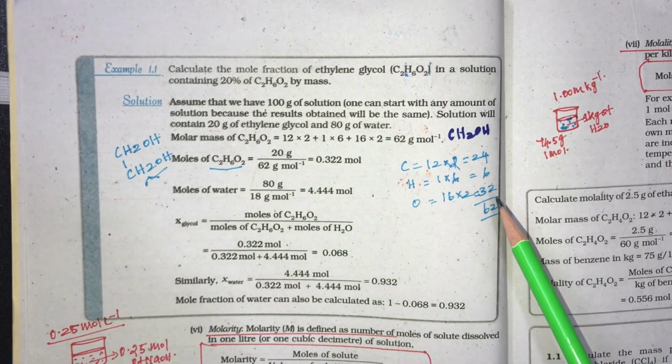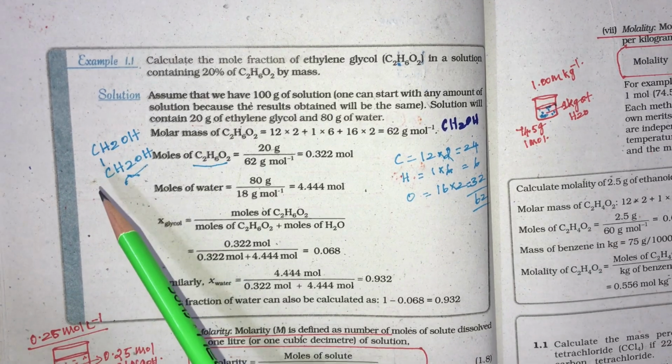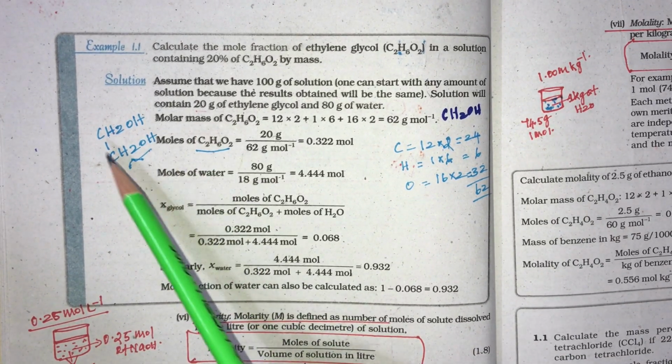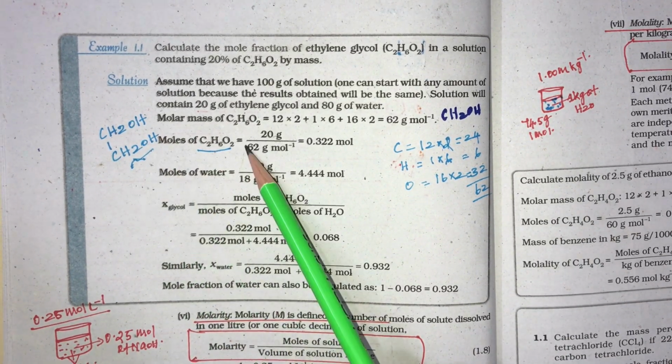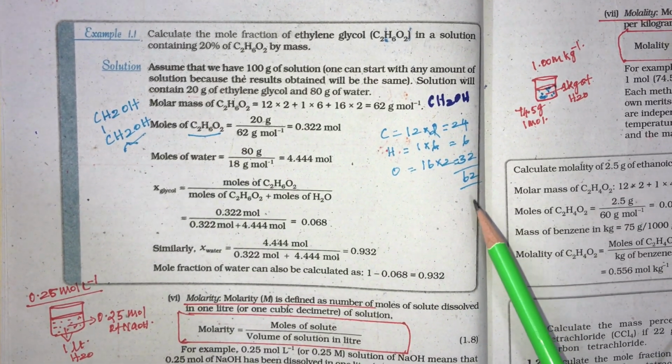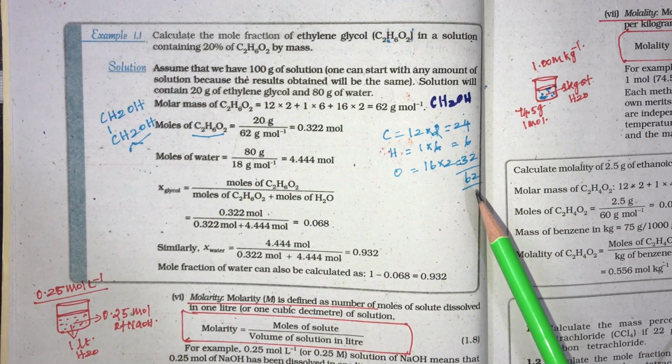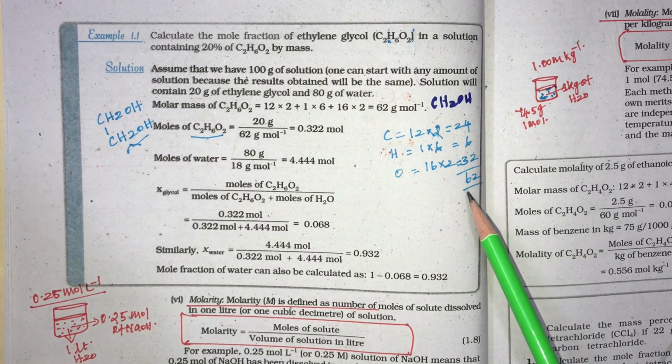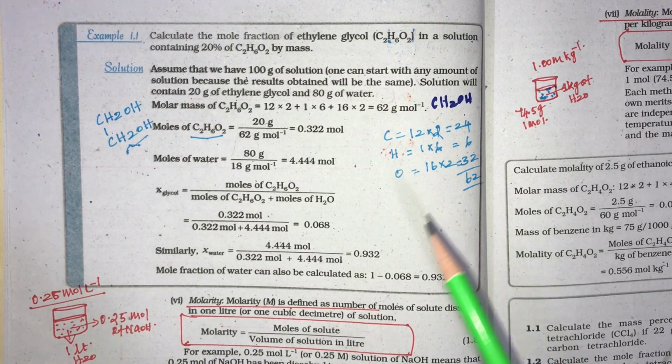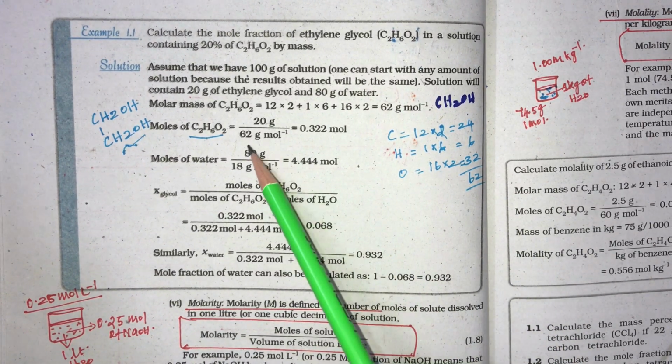The formula of ethylene glycol is CH2OH CH2OH, that is C2H6O2. The molar mass of ethylene glycol is 62, so 1 mole of ethylene glycol weighs 62 gram.